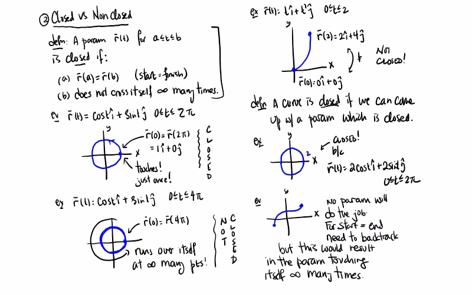Now, let me just draw one more example in here. Let me cram it over on the edge. I'm just going to draw a very simple picture. A curve like a figure eight or an infinity sign. Even though it's not clear to us what the parameterization is, you might remember curves like this from Calc 2. I'm not going to dig into them. We don't need to worry about them.